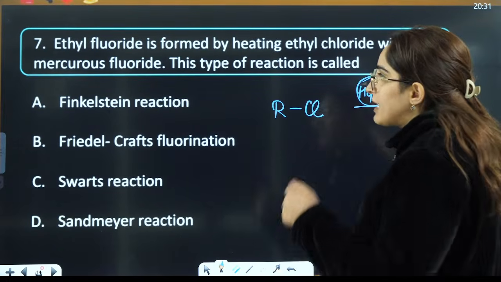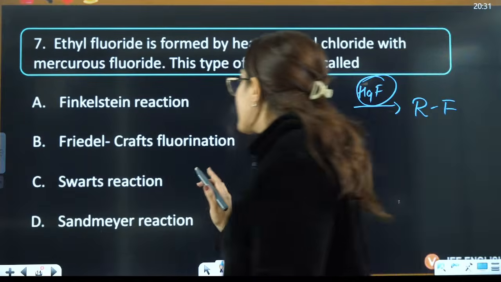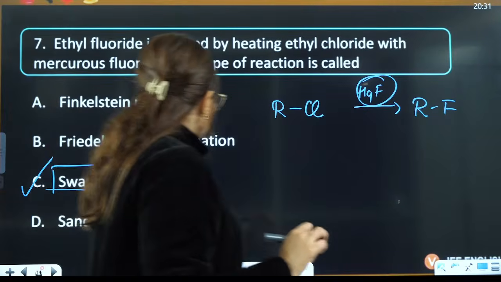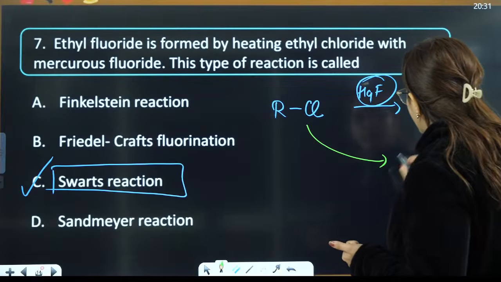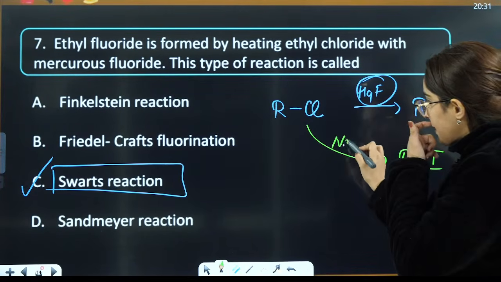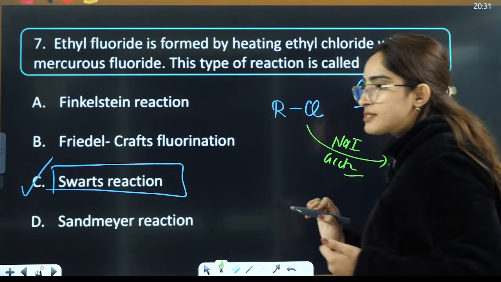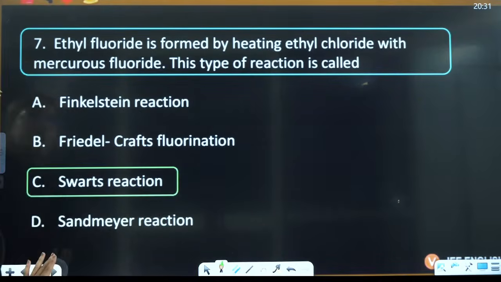Now we know that whenever you have some inorganic fluoride and this reaction takes place, that is called the Swarts reaction. Okay, what is the Finkelstein reaction? In which RCl is converted to RI in the presence of NaI, acetone. That is called the Finkelstein reaction. Okay, C is the correct answer.